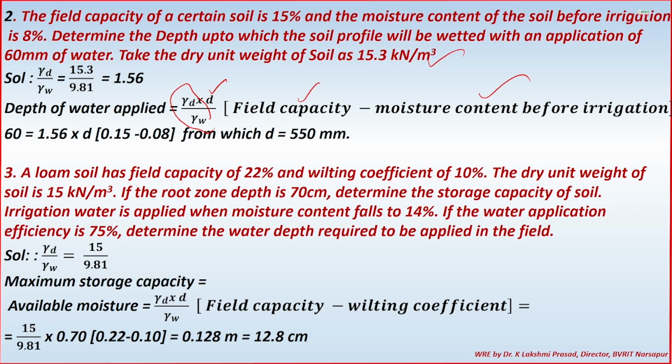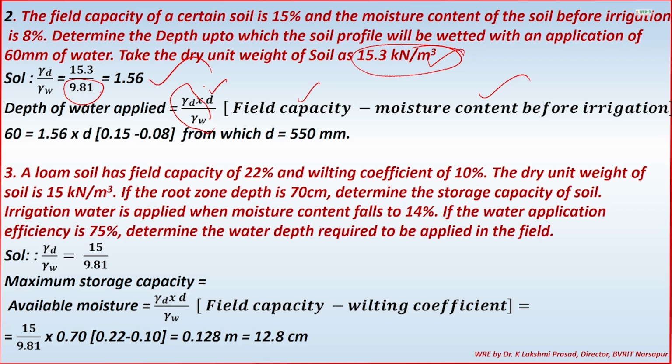So if I use this equation, which you know already, gamma D by gamma W, how much? Gamma D is 15.3 divided by the unit weight of water. The unit weight of water is 9810 Newton per meter cube. In kilonewton per meter cube, if you want to write it, how much is it? 9810 divided by 1000, it is 9.81. So that is what exactly I have put.